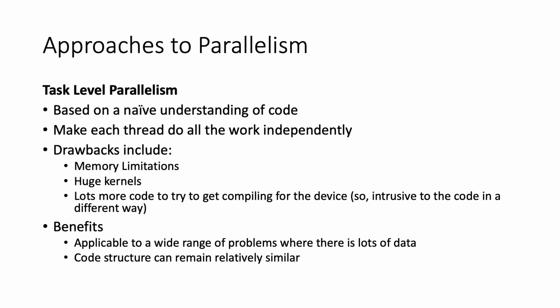So this was something quite novel for me, this idea of task level parallelism, where you could sort of have a naive understanding of the code, kind of leave it sequential.